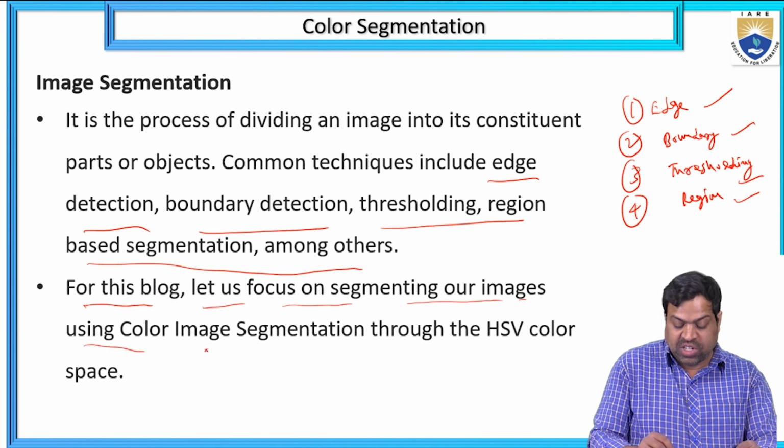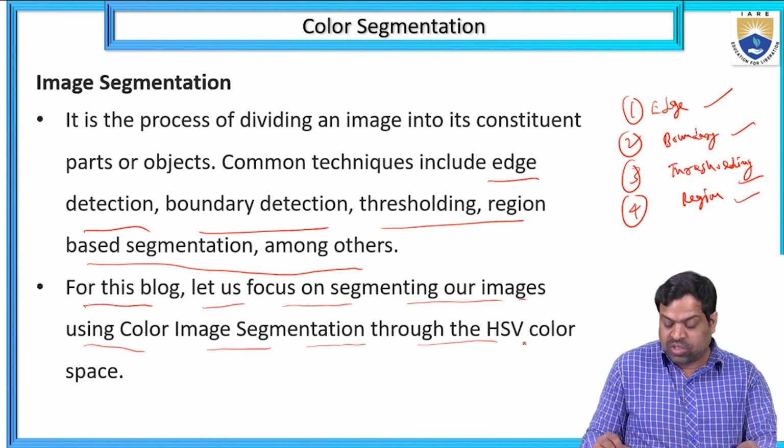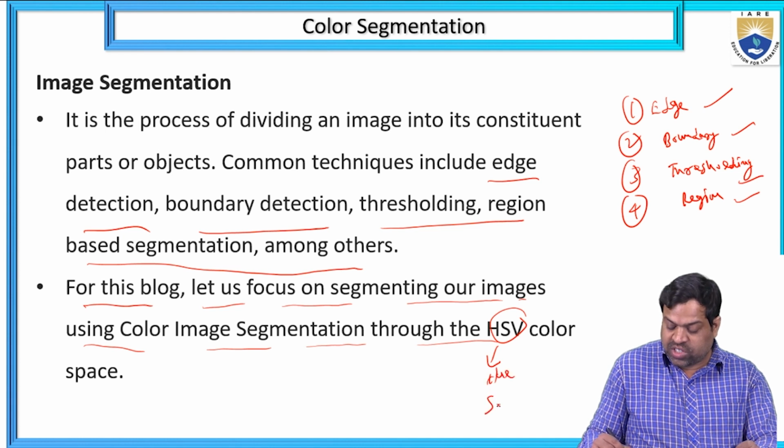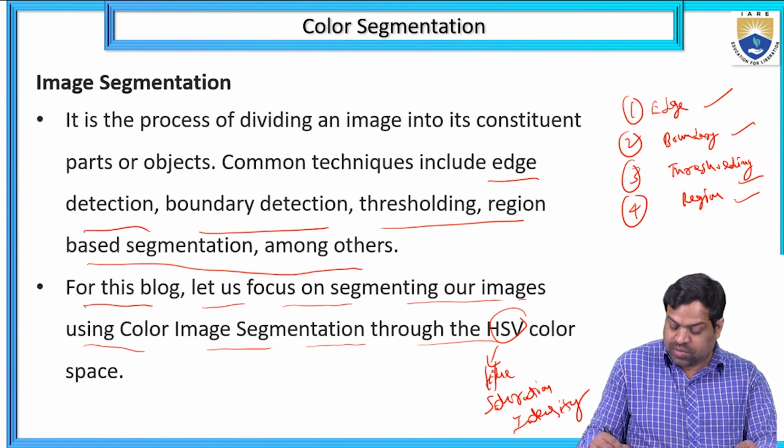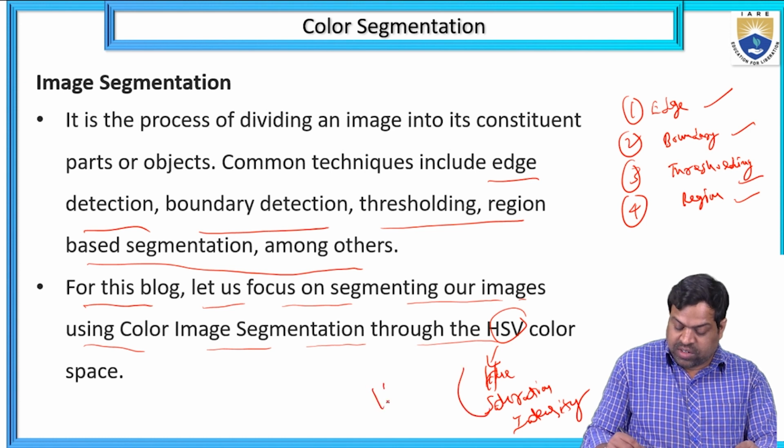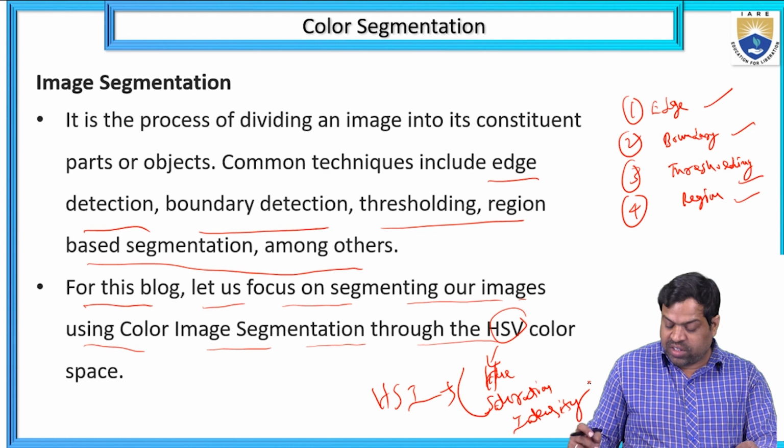these blocks focus on segmenting our images using color image segmentation through HSI: hue, saturation and intensity. So it is the HSI, hue, saturation and intensity.